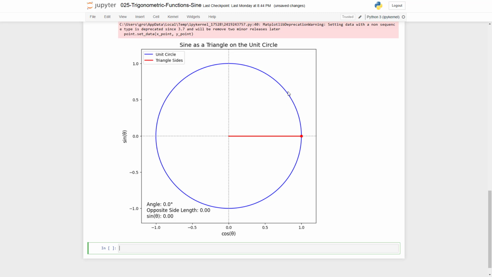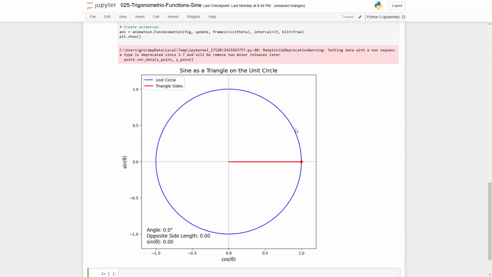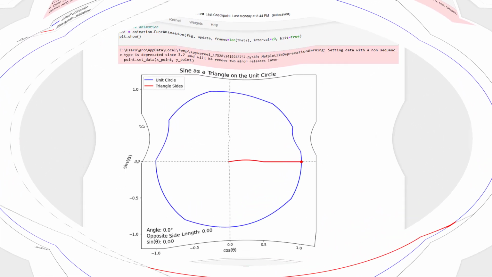For example, when we have 30 degrees here, then the opposite side, which would be pretty much this one, would be half the hypotenuse, and here the opposite side length should be 0.5. Let's try to run this one in Python.